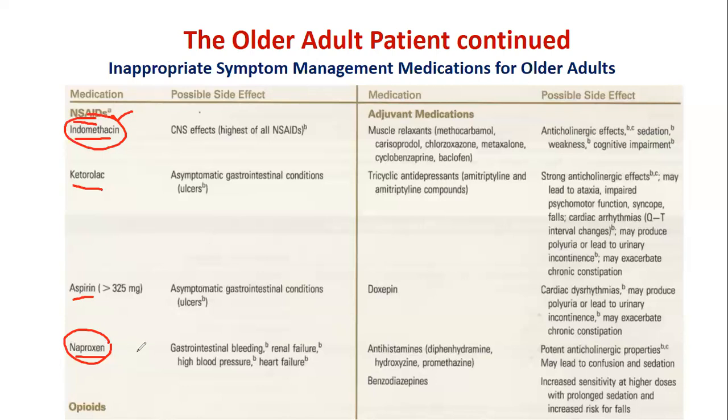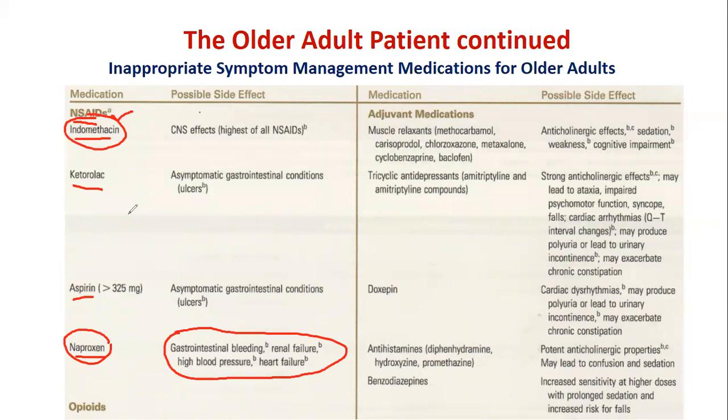With naproxen, gastrointestinal bleeding can occur, along with impaired renal function, high blood pressure, and heart failure. So if anybody takes naproxen for a long time, we can see all of these effects.